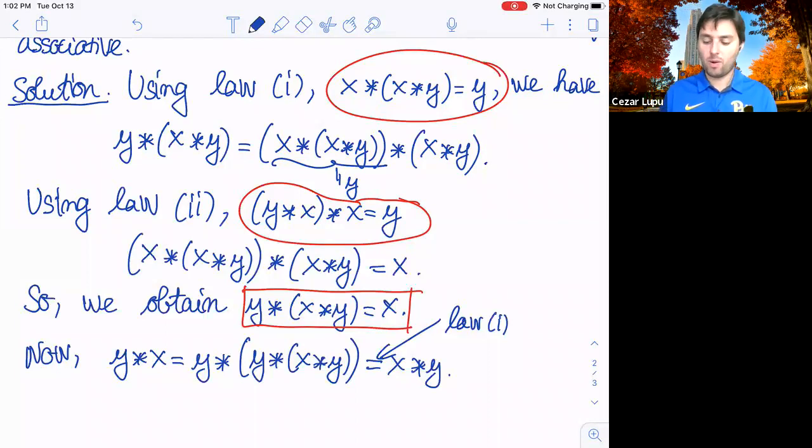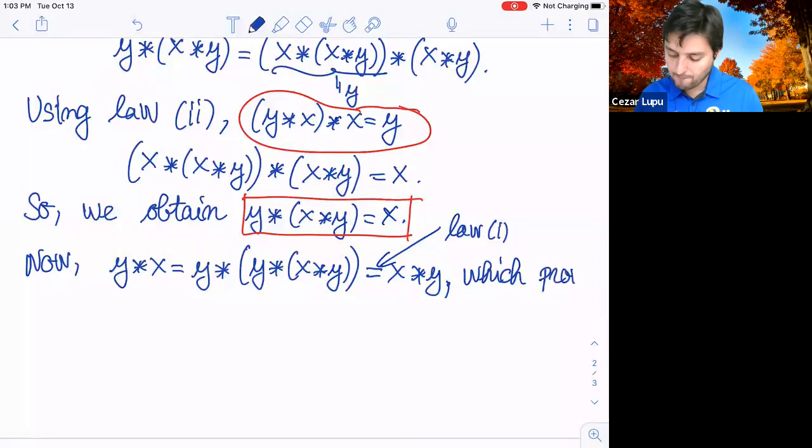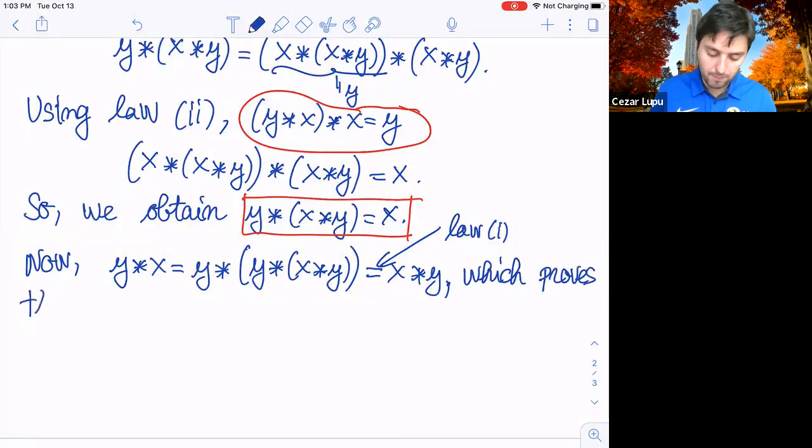And we know by law one that, just replace x by y and y by x star y, and you will get exactly this. Anyway, so this will prove the commutativity. So it follows that which proves the commutativity.